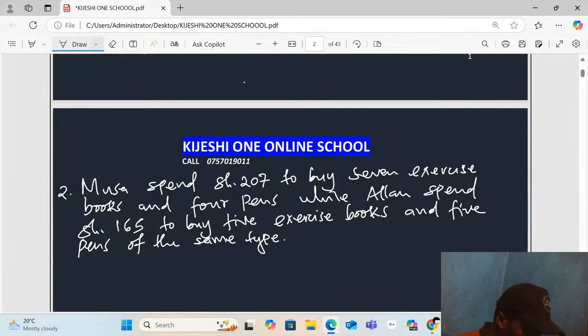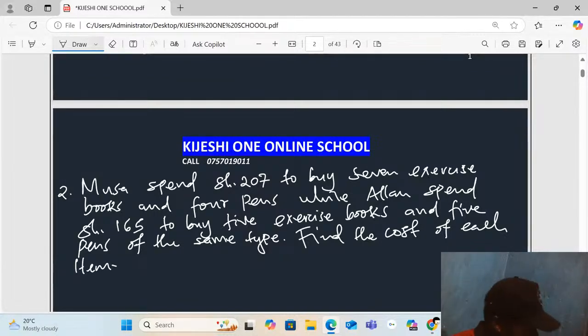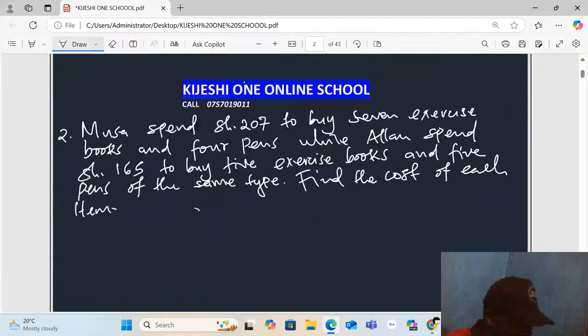Now find the cost of each item. So now that is a complete question. So you have to look at the solution.